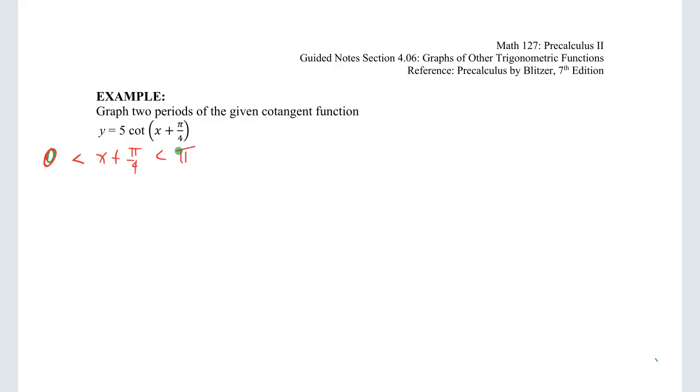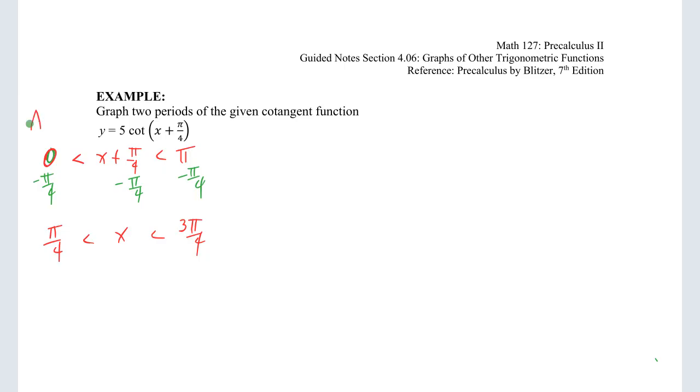Now I will be subtracting all those parts by pi over 4, negative pi over 4. With that, we have here a final inequality, which is pi over 4, and then x, and then 3 pi over 4.